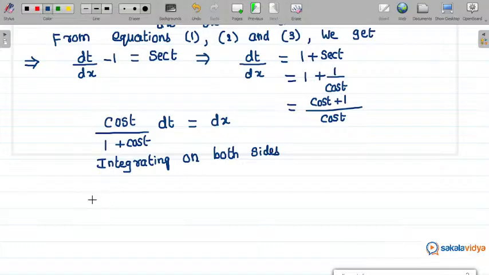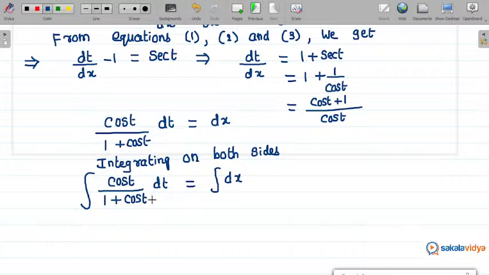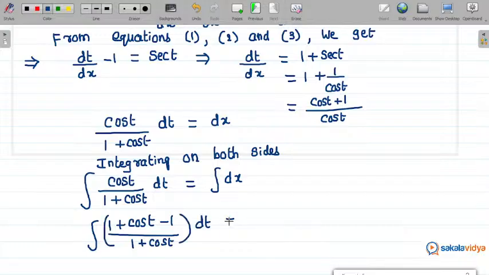This is integral of cos t upon 1 plus cos t dt equal to integral of dx. So this cos t we can write for our convenience: in the numerator add 1, subtract 1. Integral of 1 plus cos t minus 1 upon 1 plus cos t dt, write down. Clear? Integral of dx is x plus constant of integration.